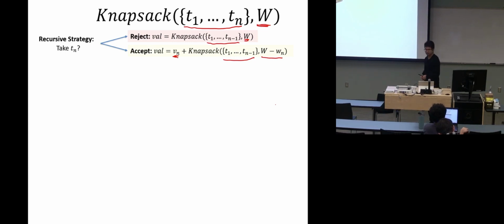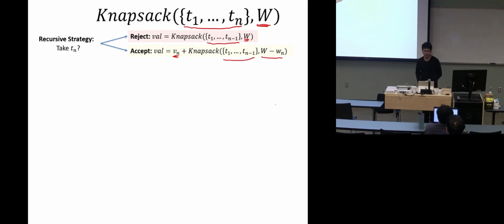And can you tell me how many subproblems you will ever look at? Can you bound the number of subproblems from this recursive formulation? N times W. Yeah, you can have any weight less than or equal to W, and you only consider 1 to n items. Exactly. Very good. Thank you.